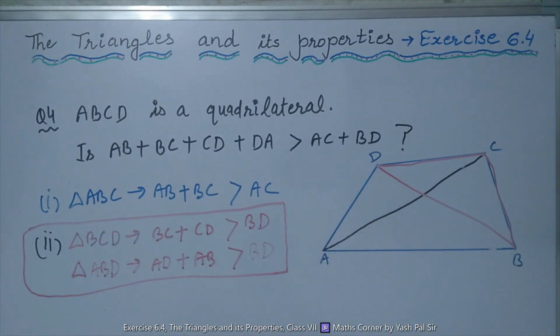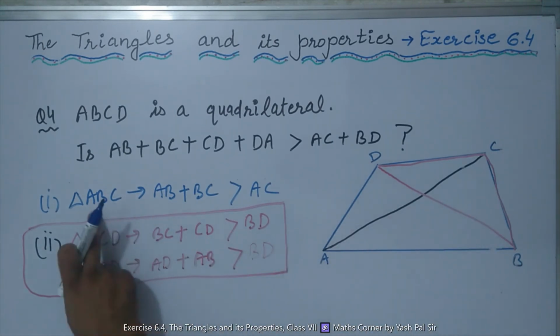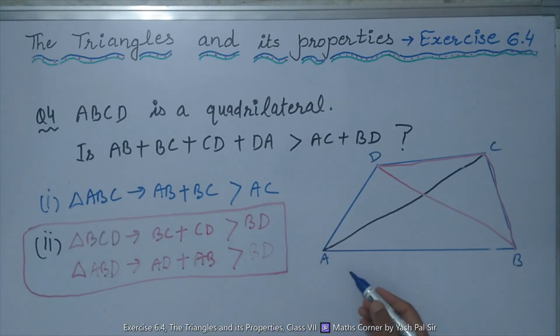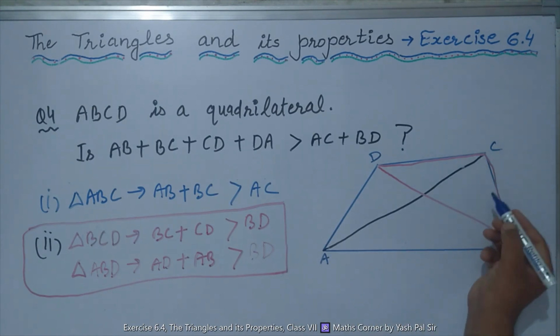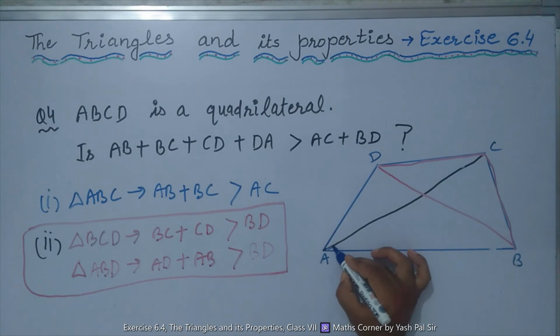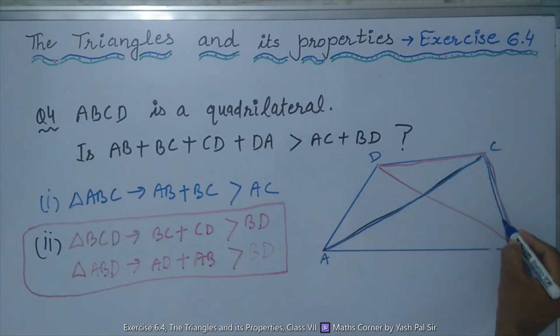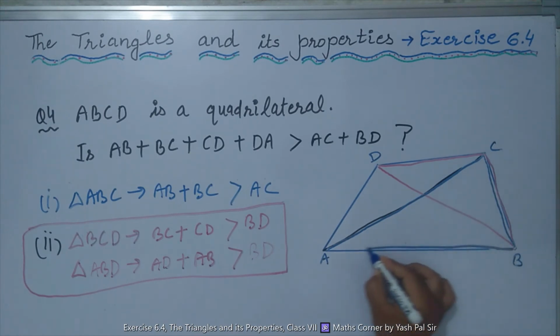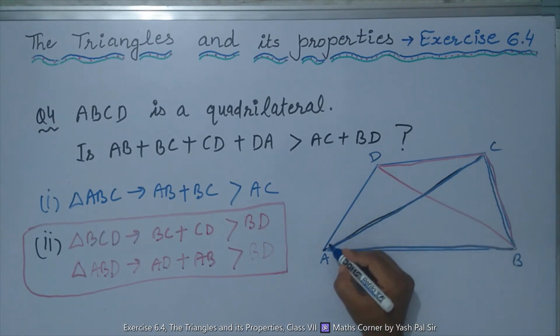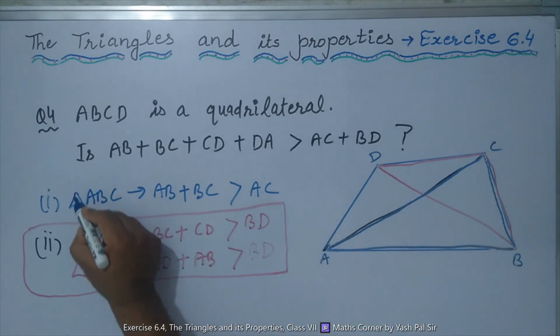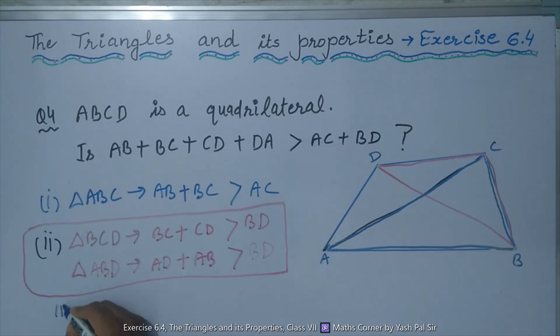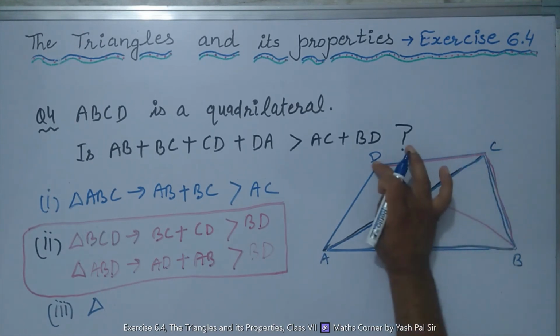In the previous one, we took the triangle ABC. ABC, this was the triangle taken by us earlier. Now opposite to this is this triangle. We also take now triangle ADC.